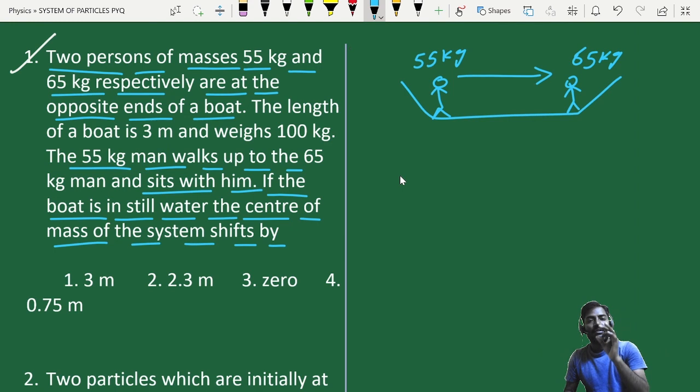So it is very clear that there is no external force acting on the system of boat plus the two persons. So the forces involved here are internal forces. Internal forces cannot shift the center of mass. So the shift in center of mass is 0.